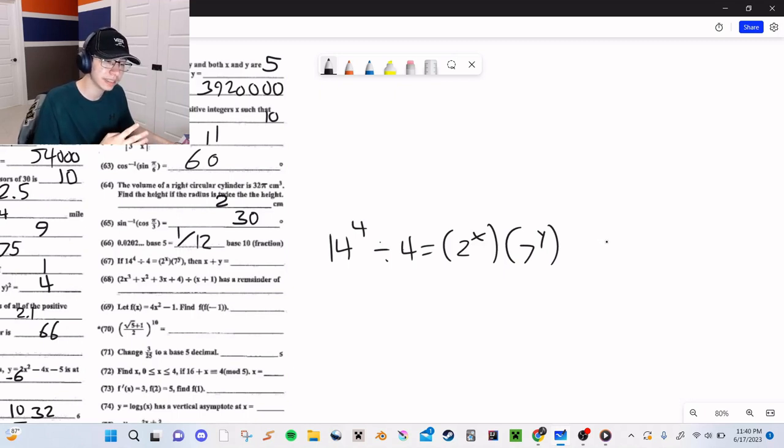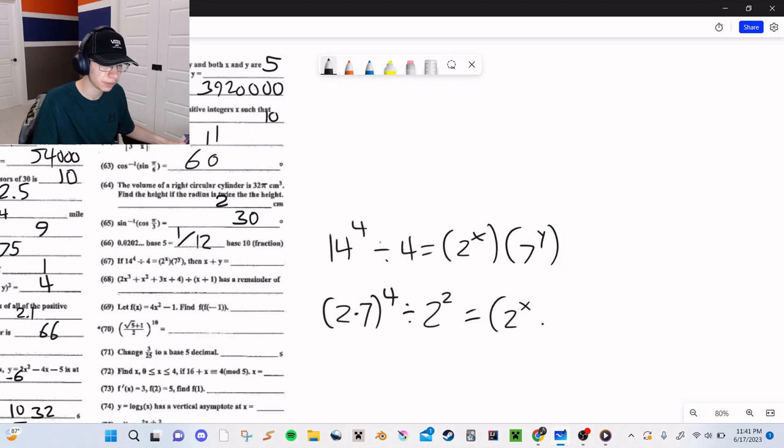Well, 14 is made up of factors of 2 and 7. This is just 2 times 7 to the power of 4. And if we're dividing by 4, it's like we're dividing by 2 squared. And that's equal to 2 to the x times 7 to the y.